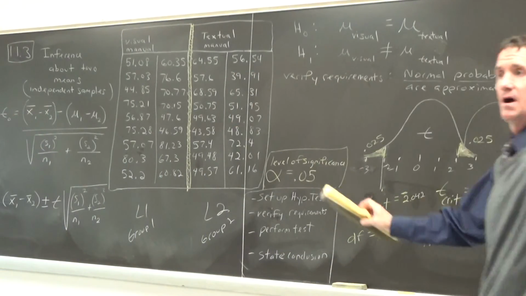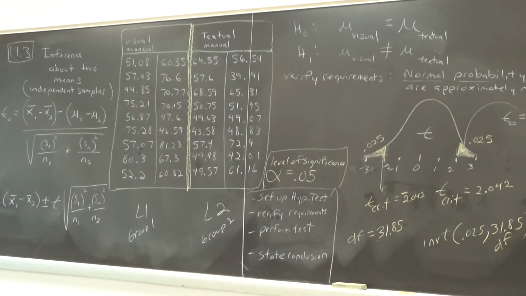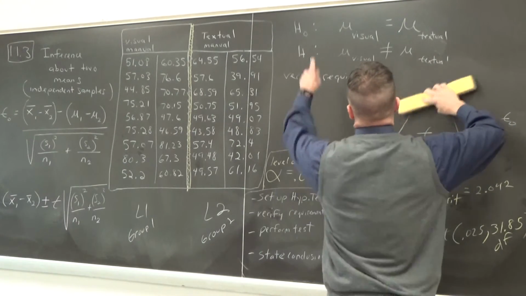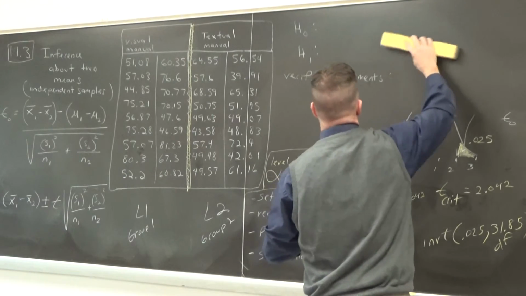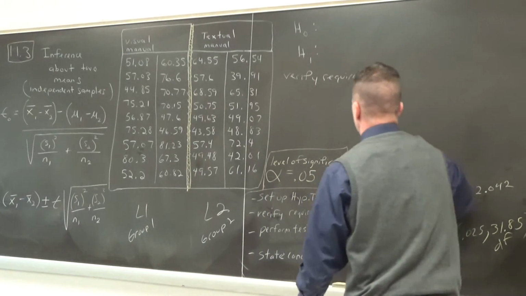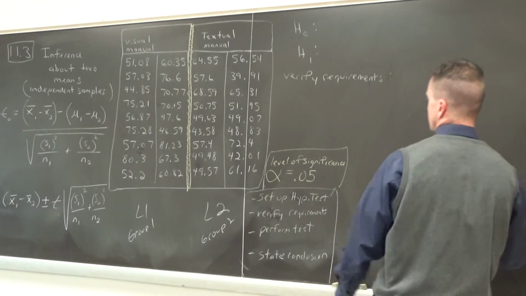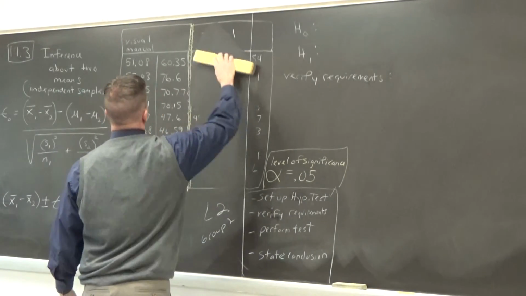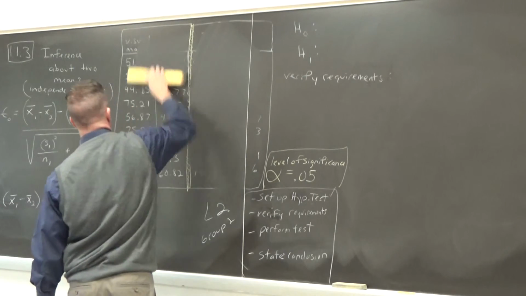Can I erase? All right, wipe it out. All right. This time, everyone, we won't do the confidence interval, but we'll set it up. We'll verify requirements. Same level of significance. But all this will be given to us.